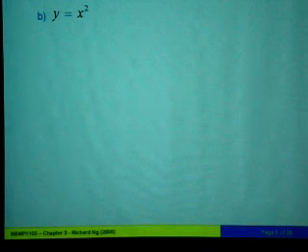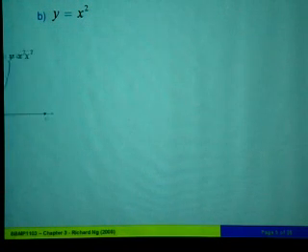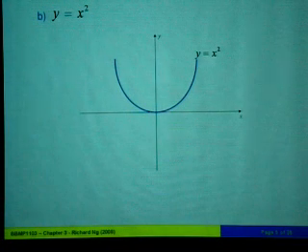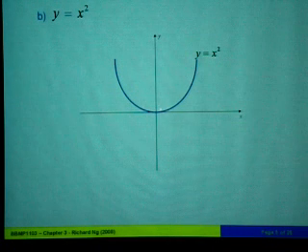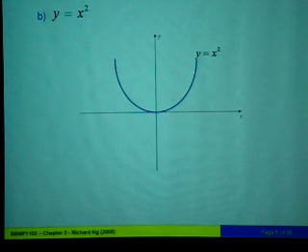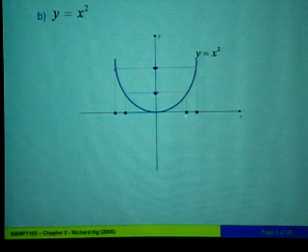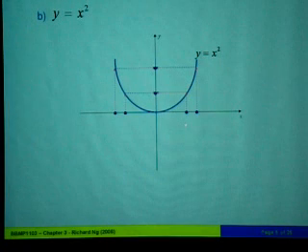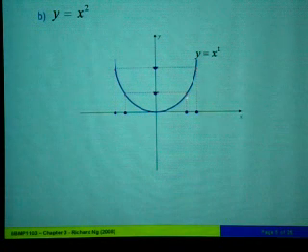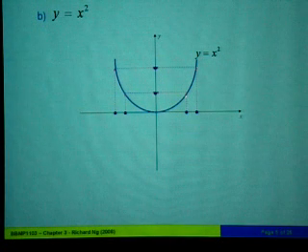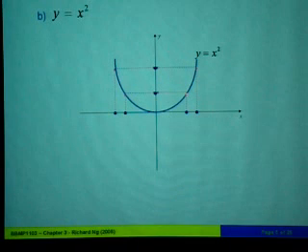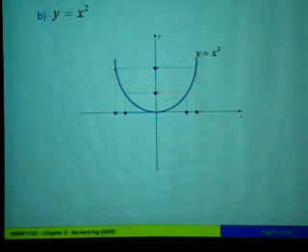Next, we are given the equation y equals x squared. If we sketch the curve y equals x squared, this is how the curve is going to look. Again, take one input from x, draw a dotted line to the curve y equals x squared, and see what the output is on the y-axis.